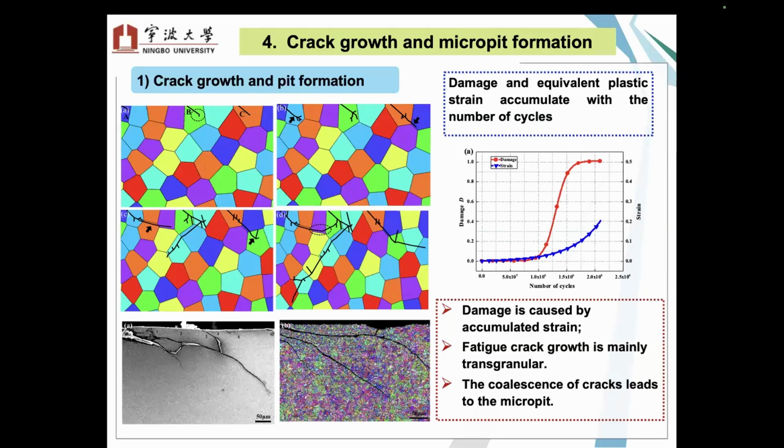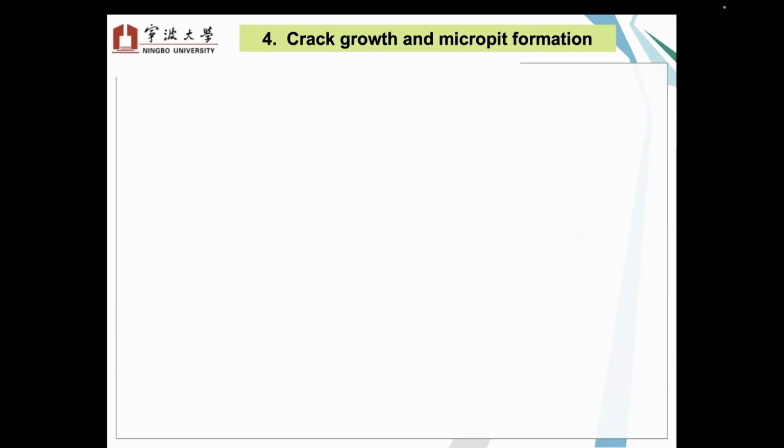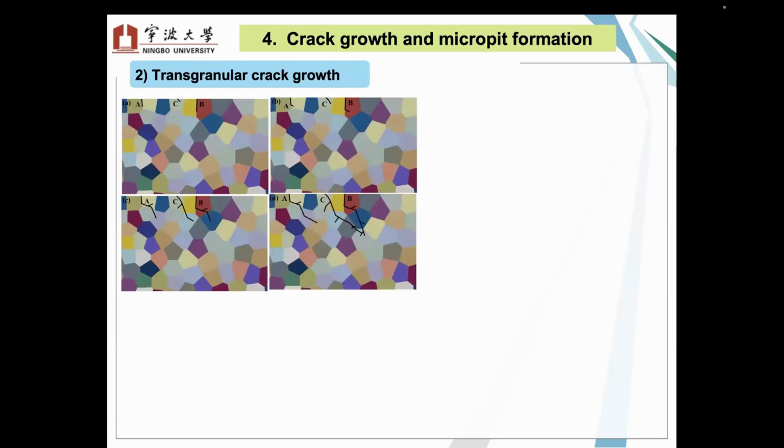We found that as the number of cycles goes on, cracks grow and link, and then form the pit. Here is the result, and here is one.